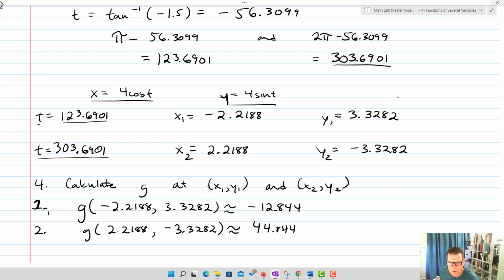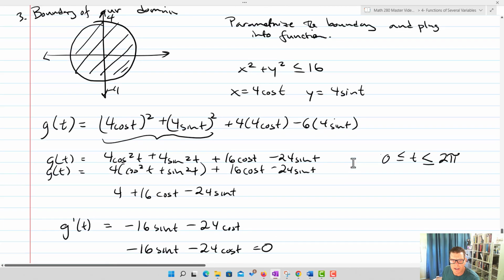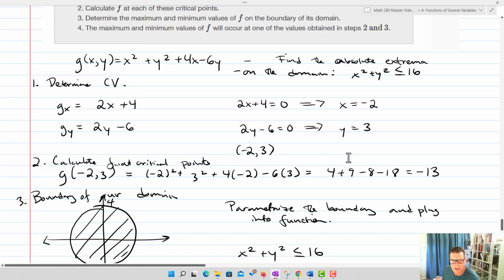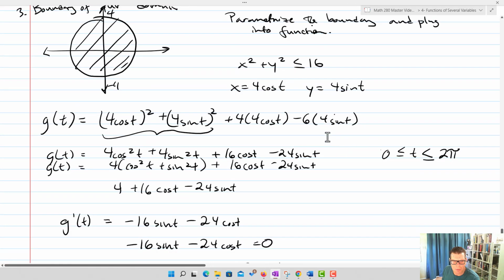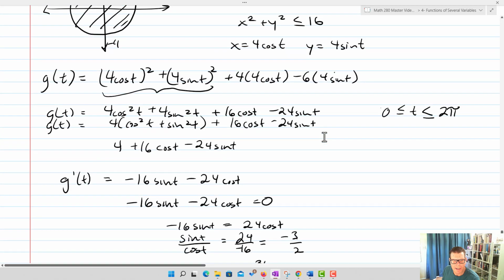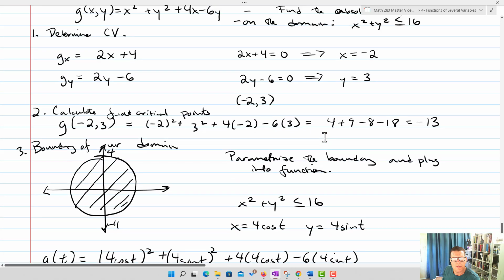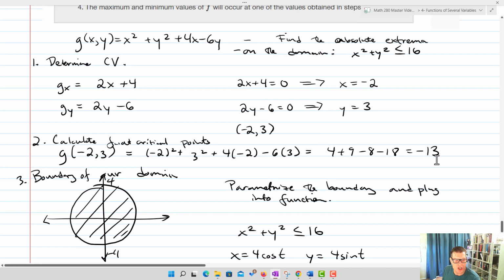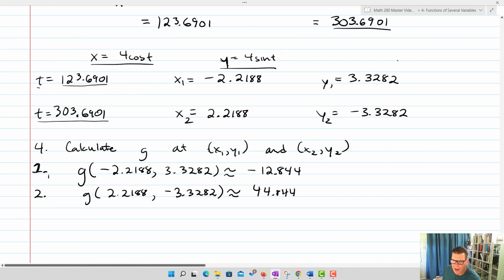So now we have these 3 points that we're going to be checking, okay? They are either our absolute minimums, our absolute maximums, or nothing. The first point that we had, that was a possibility, was this critical point here, excuse me, sorry about that, g of negative 2, 3, and that's negative 13. So g of negative 2, 3 equals negative 13.